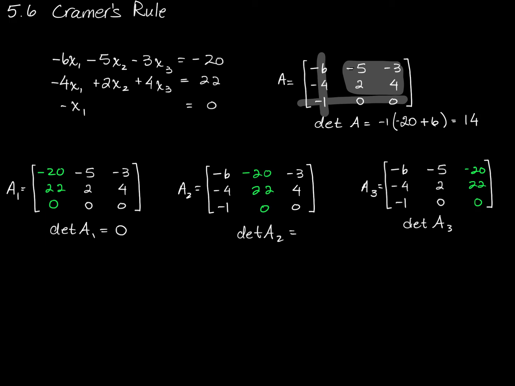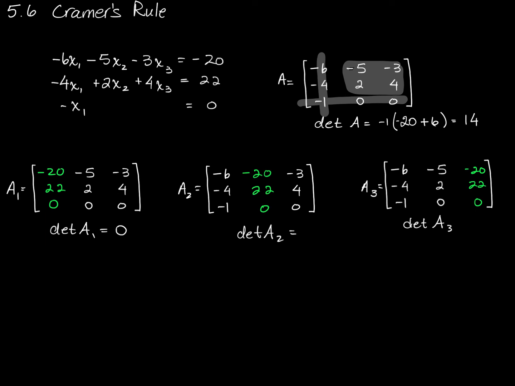As you begin the process of cofactor expansion, you're going to have a coefficient of 0 times some subdeterminant plus 0 times some subdeterminant plus 0 times a subdeterminant. So you're going to have a sum of products that adds up to 0. Even if you step through the process, you're going to end up with a determinant of 0 pretty quickly.